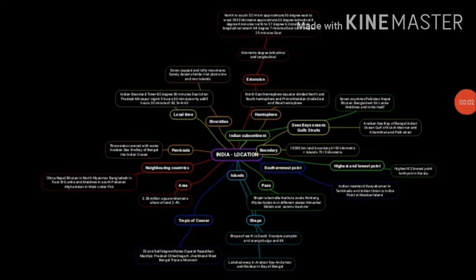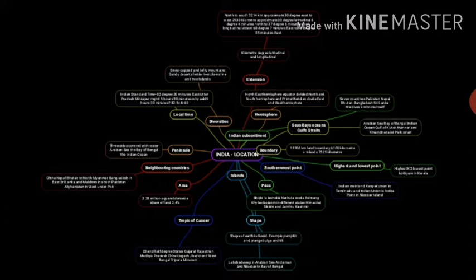Now see, this is the mind map. According to this mind map: first extension of India, then hemisphere, location of India, passes, shape.